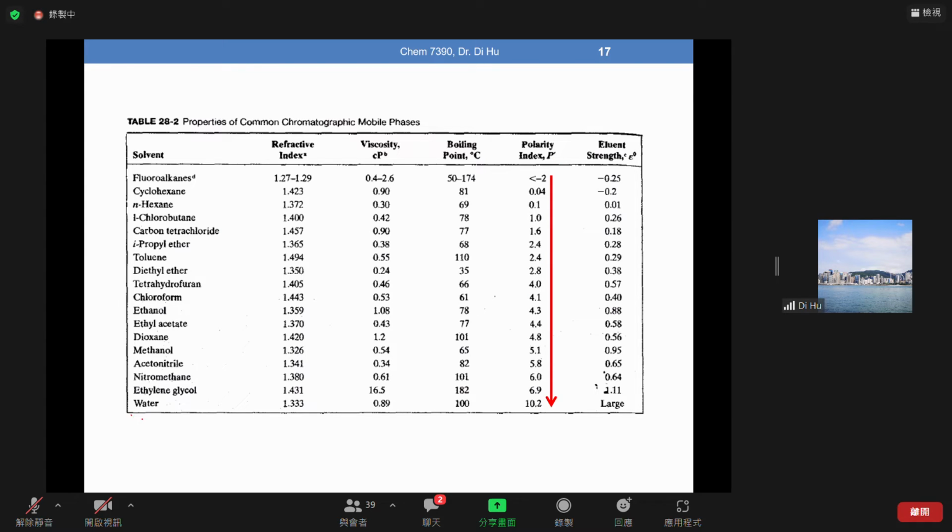The most polar solvent is water, and the least polar solvent is fluoroalkane. So the polarity ranges from -2 to 10.2. This column also shows the viscosity, and this one shows the elution strength, that means the elution power for that solvent.